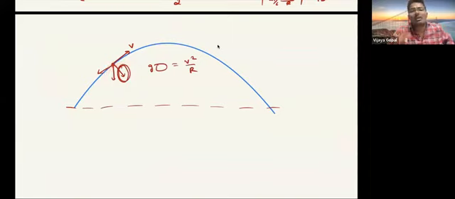Whenever you want the radius of curvature, remember you need the centripetal force. What is centripetal force, sir? The force which is perpendicular to the velocity. Once you get it, you equate it to m v square by r, because you know the speed and the centripetal force, and you will get the radius of curvature. Clear, no? Yes, sir.